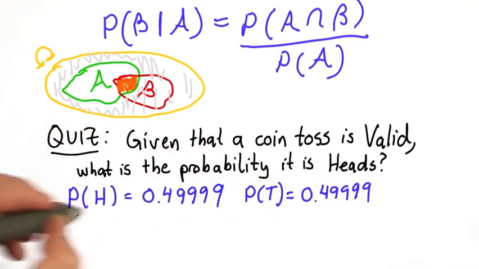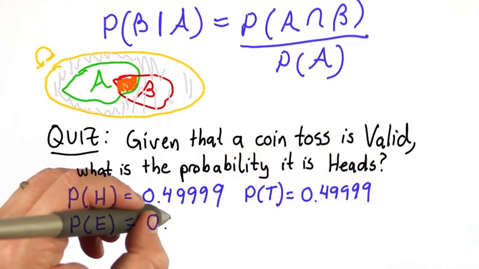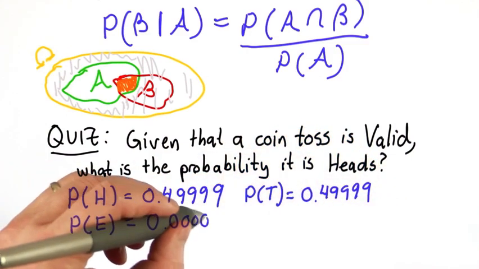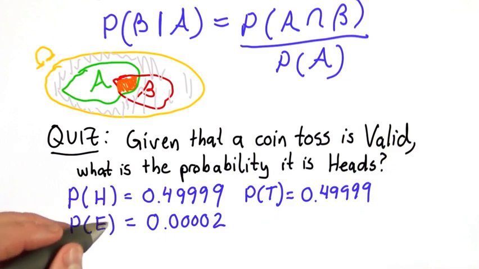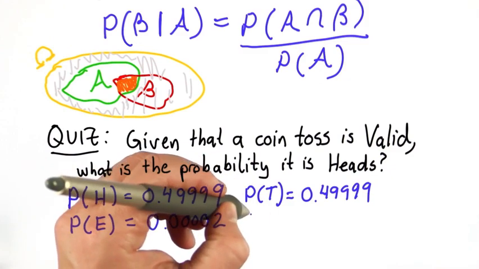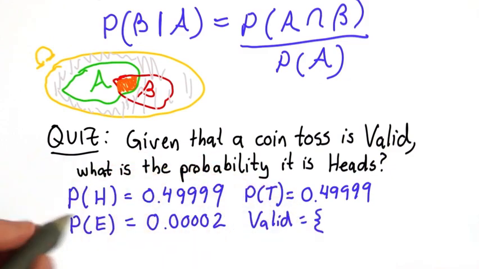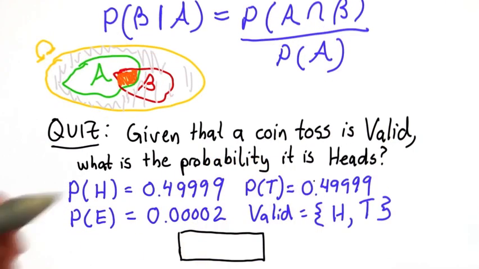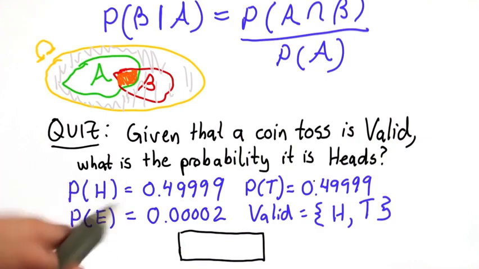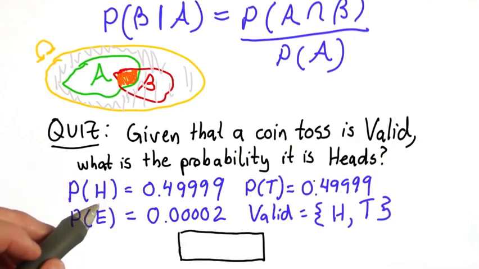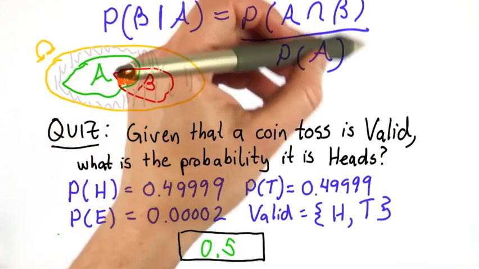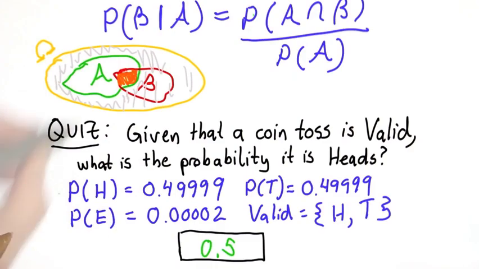The probability of edge is 1 minus the sum of those, which is 0.00002. And we define valid as the outcomes where it lands on heads or tails, not on the edge. Given that you know a coin toss is valid, what's the probability that the outcome is heads? And we can compute this using the formula for a conditional probability. In this case, A is the probability that the coin toss is valid.